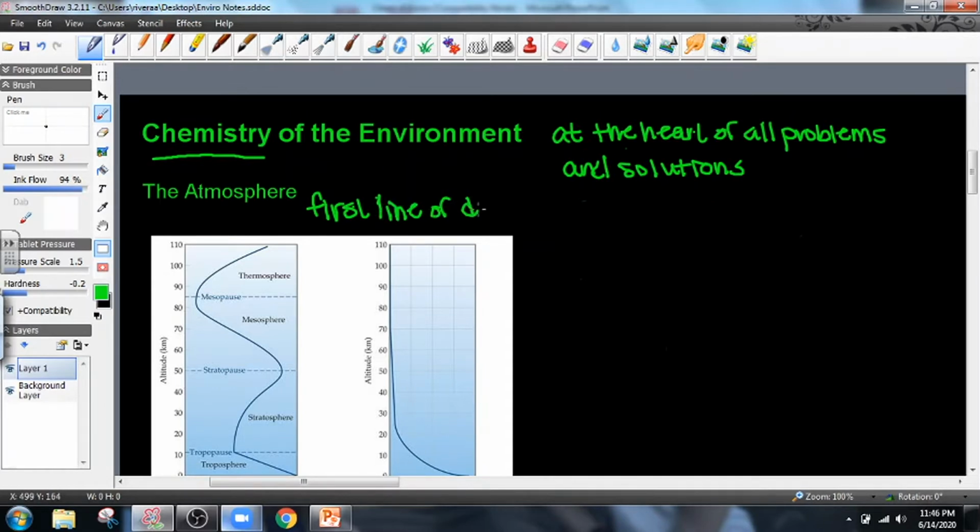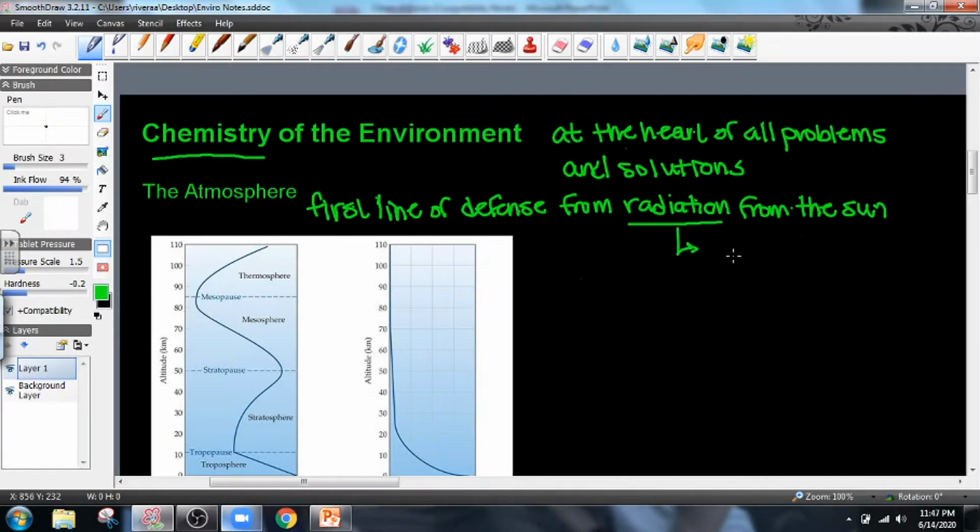First line of defense from radiation. Lost my T. From the sun. Now, by radiation, of course, we're referring to electromagnetic radiation, right?